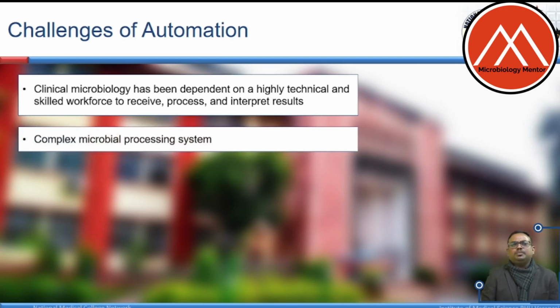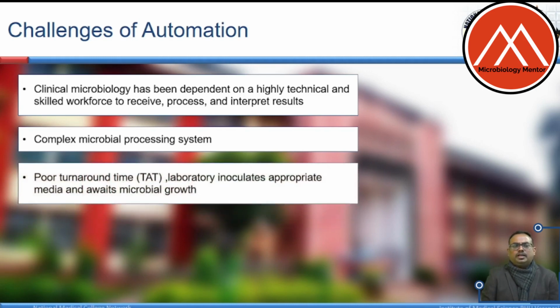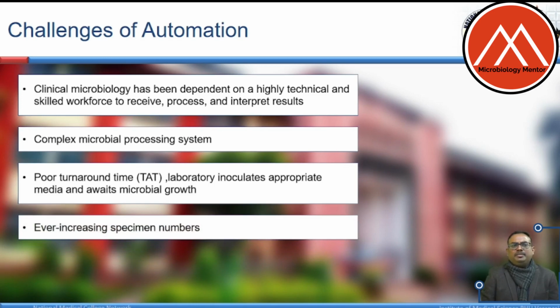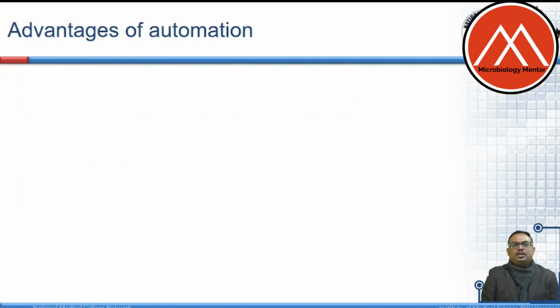And this is because of the microbial processing of the system, which is a bit complex. This results in a poor turnaround time because the laboratory has to inoculate different media and await for the culture to grow. At the same time, there is increase in the number of specimens which are to be tested.